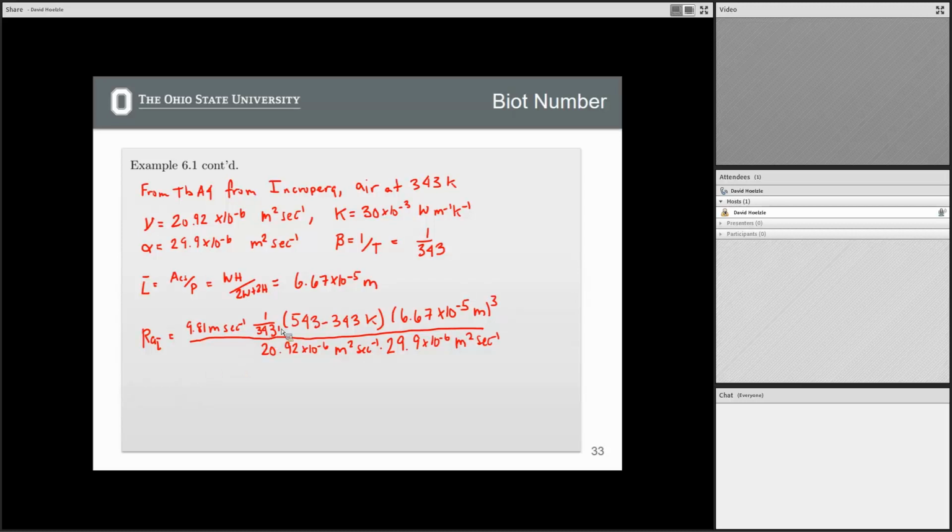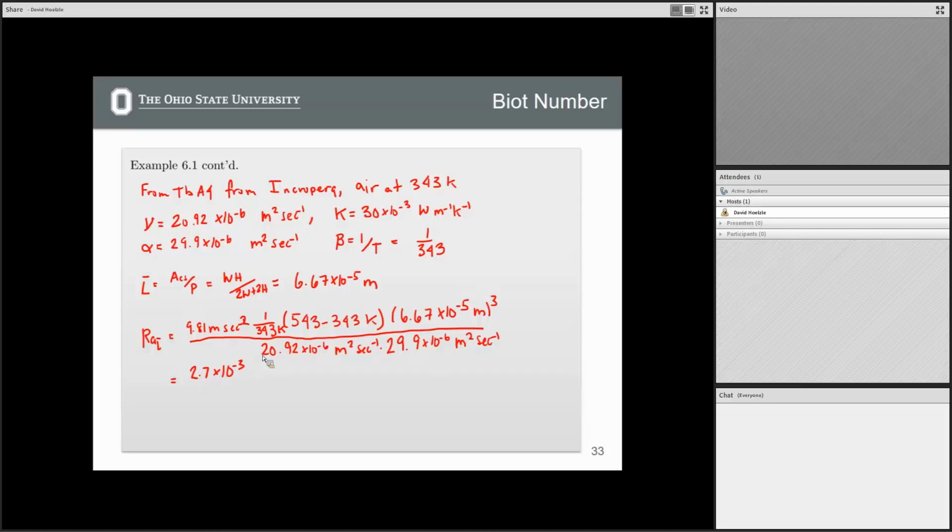Yeah, Kelvins cancel. We have units there, seconds to the negative 2, right? That's gravity. So we have seconds cancel, and then we have meters to the fourth at the top, meters to the fourth at the bottom, right? Yes, it gives us a number. Okay, so this gives us a Rayleigh number of 2.7 times 10 to the negative 3.